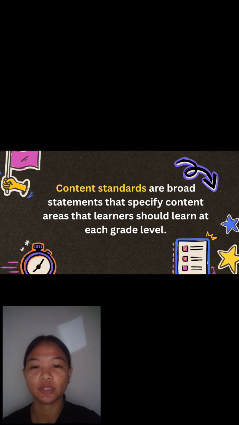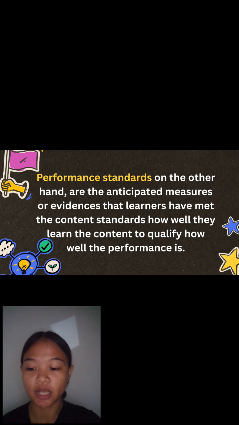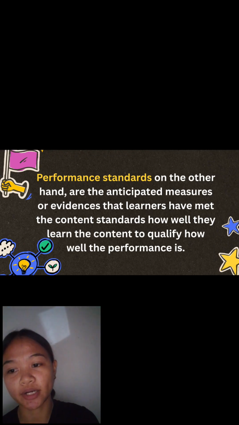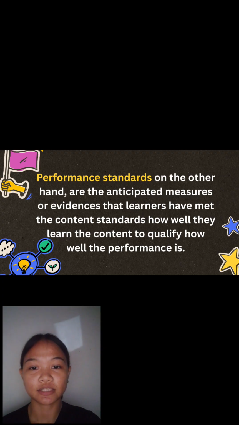So it's like that. So the third one is we have the performance standard. So performance standards are the anticipated measures or evidences that learners have met content standards. How will they learn the content to qualify how well the performance is?